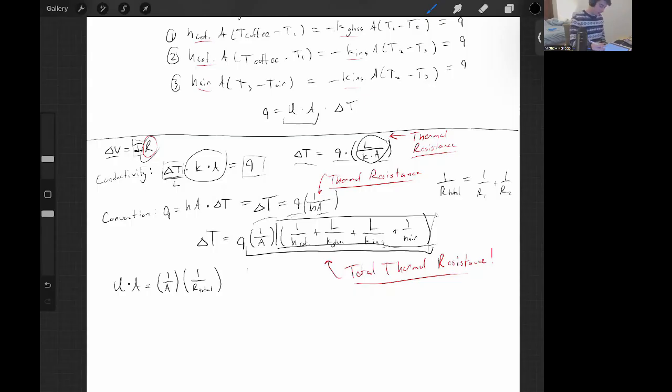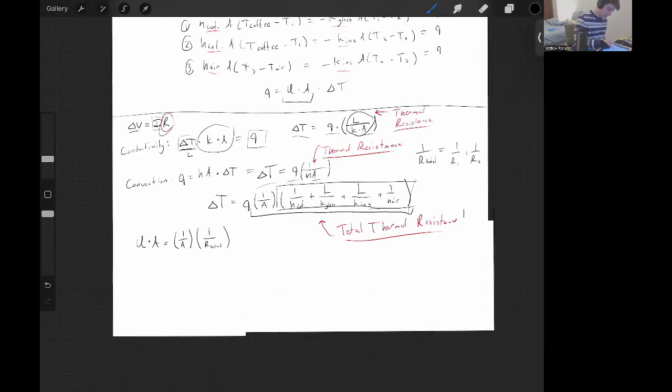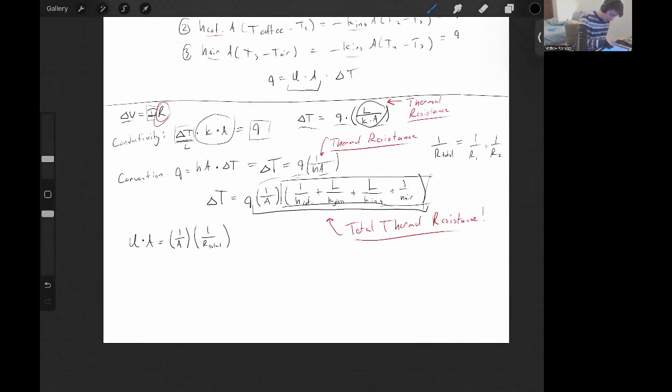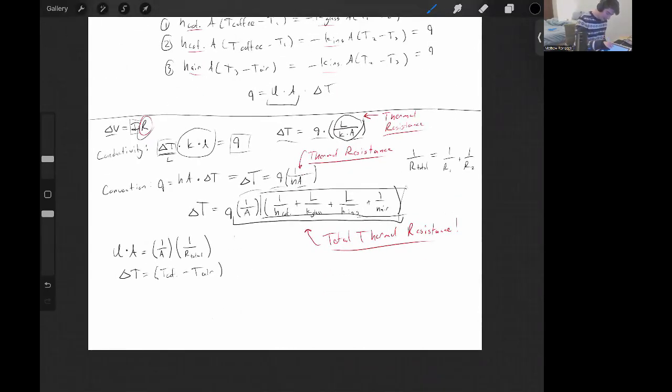So now that we know our UA, this becomes pretty rudimentary because our change of temperature for the system is just the temperature of the coffee minus the temperature of the air. Now, if you look, we can solve for Q finally, which took a lot of writing to get there, but yes, we can finally get Q.